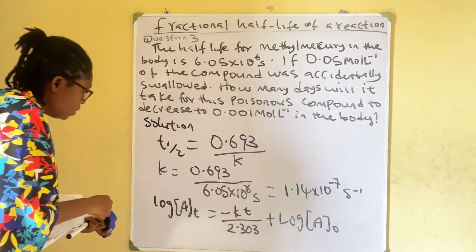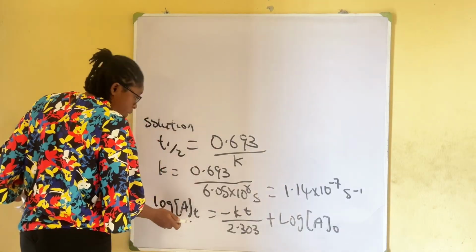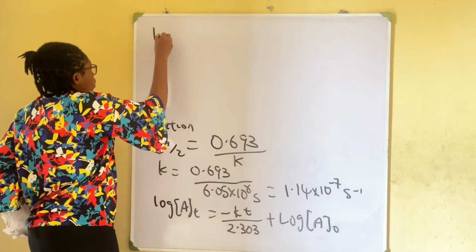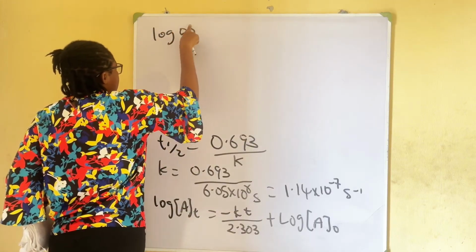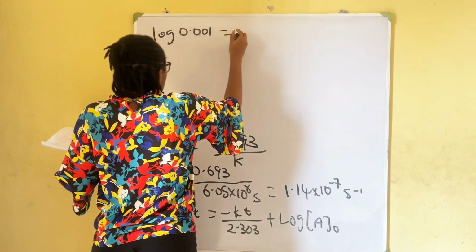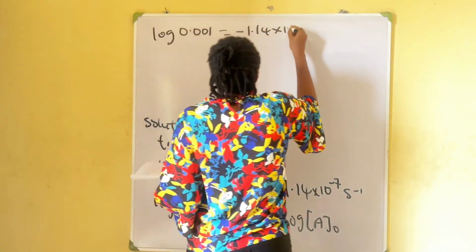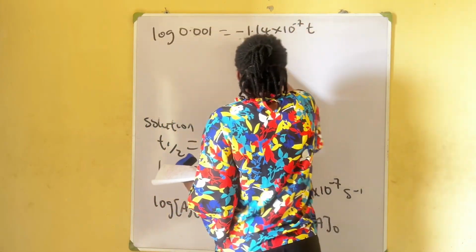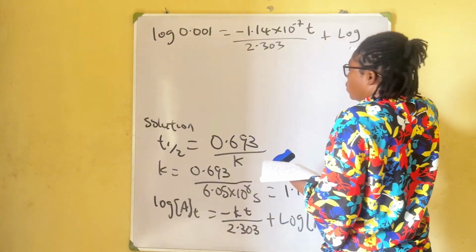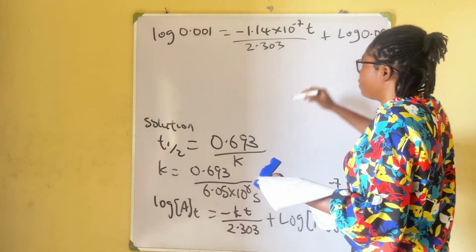So I'm going to substitute the values into this equation. The concentration at time t is 0.01. So log 0.01 equals minus k, the value for k is 1.14 times 10 raised to the power minus 7 times t divided by 2.303, plus log of the initial concentration, which is 0.05.